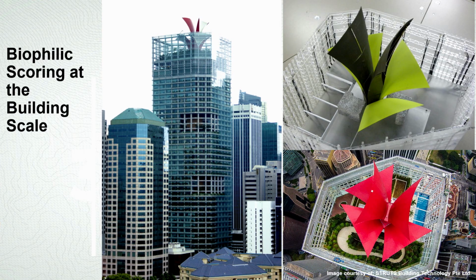It also has a number of different outdoor terraces and a rooftop garden and this interesting sculpture on the roof as well that's actually designed to capture wind and pull it down through a cooling void in the center of the building to help mitigate heat.